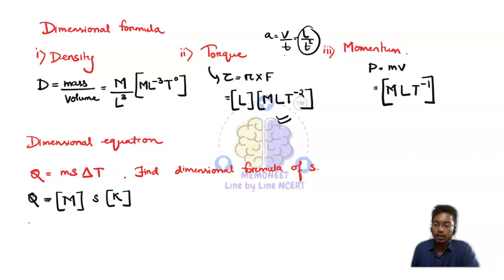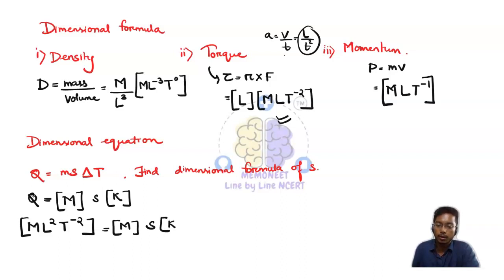What is the value of force? M L T to the power minus 2 into displacement, which means L square will be there. So M L square T to the power minus 2, put into the bracket, is equal to M into S into K. We have to find the dimension of the specific heat.